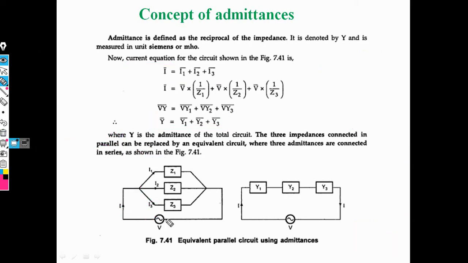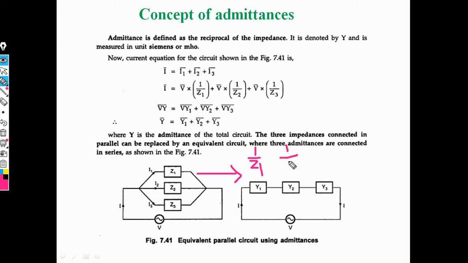Now this parallel impedance circuit is converted into a series admittance circuit. This is the parallel admittance circuit Z1, Z2 and Z3, with respect to the AC voltage. But Y1 is equal to 1 upon Z1, because this is parallelly connected.